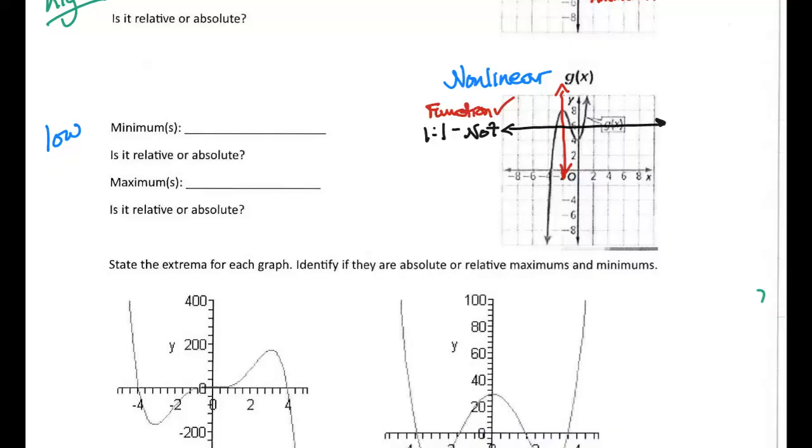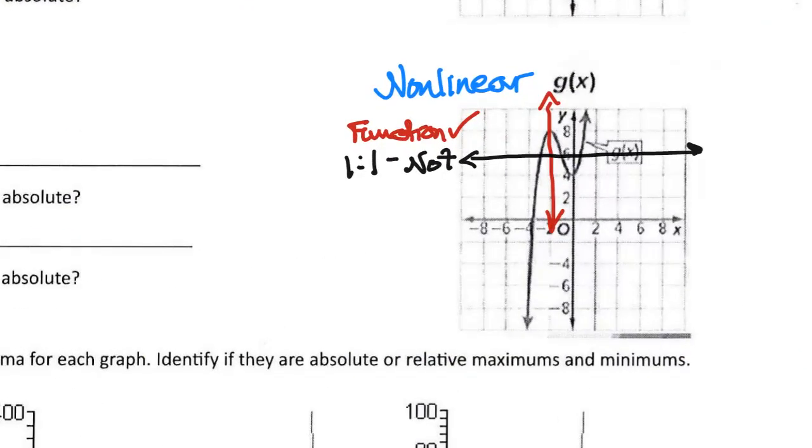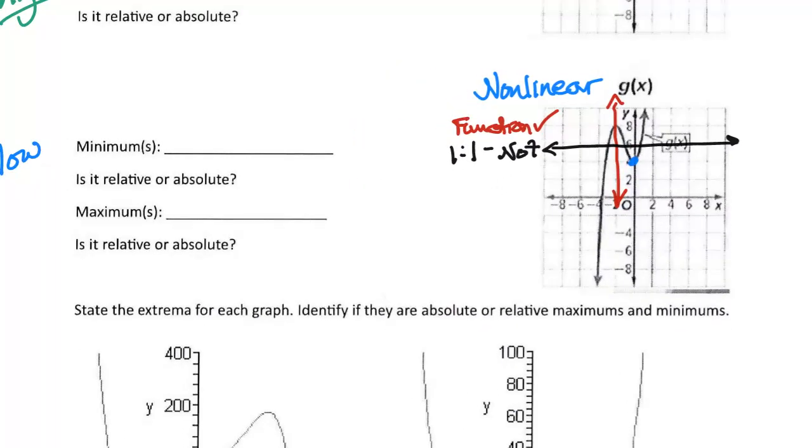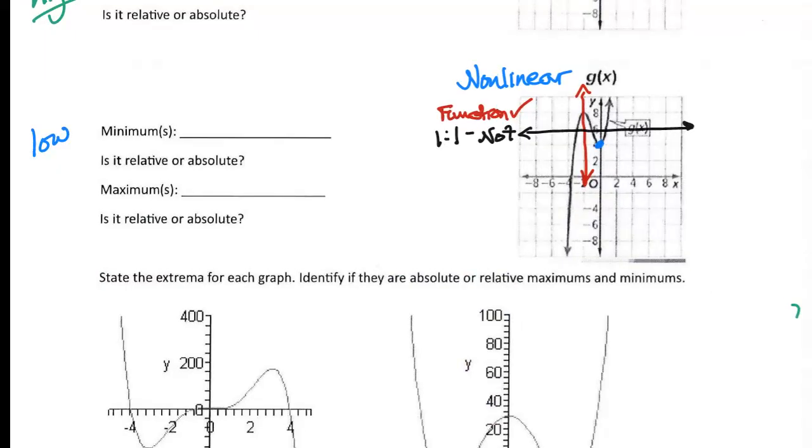So do you see a place where it is dipping down? Yes. The answer there is yes. So a minimum would be right here. Now, it is not the lowest, but it is a low point for that area, right? It's a dip, okay? So you can talk about lowest or dips.